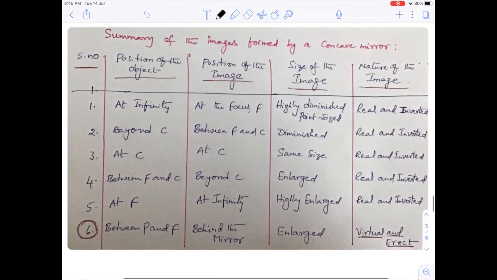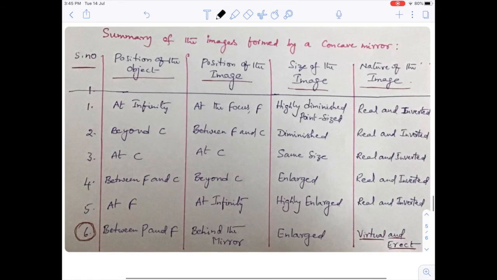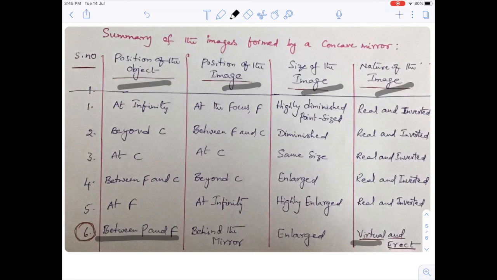If I summarize the images formed by a concave mirror, this is the position of the object, position of the image formed, size of the image, and nature of the image. As you can see, this is the only case where you have a virtual and erect image, and in all other cases the image formed is real and inverted.